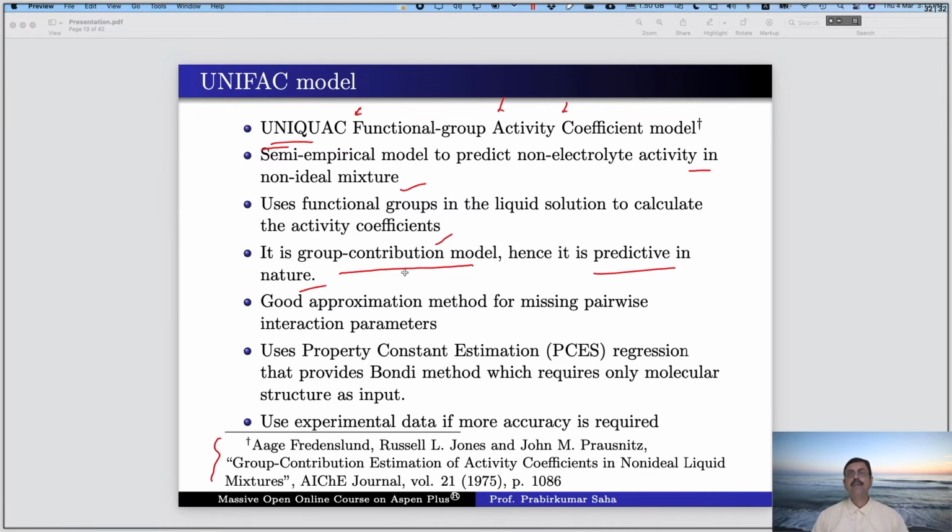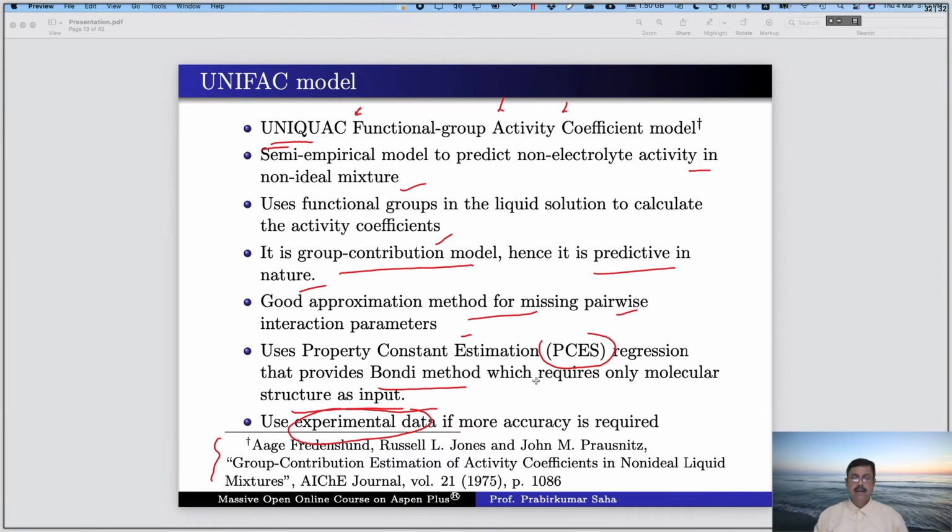In such situations, the UNIFAC model predicts the interaction beautifully. So it is a good approximation method for missing pairwise interaction parameters. It uses the Property Constant Estimation System, PCES, regression that provides the Bondi method, which requires only the molecular structure as input. And if more accuracy is needed, then you have to use experimental data rather than the UNIFAC model.